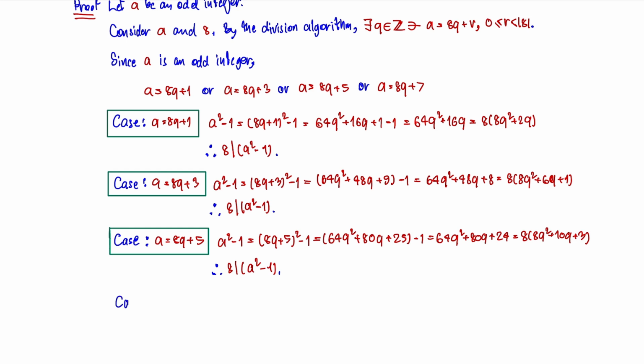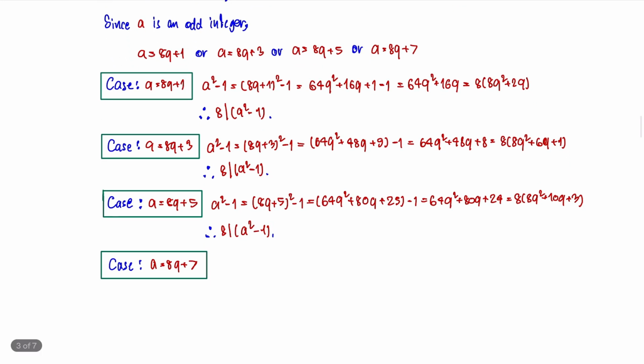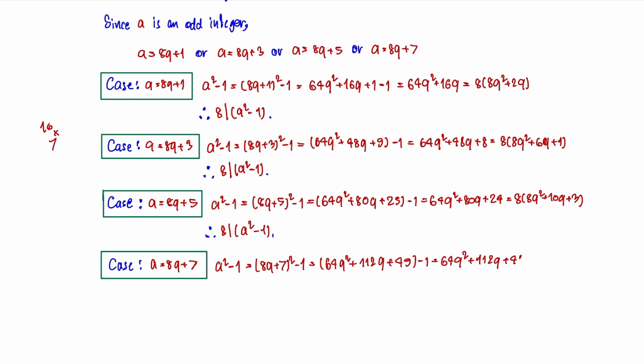And the last case, what is this case? a equals 8q plus 7. So we're going to have a squared minus 1 equal to (8q plus 7) squared minus 1, which is 64q squared plus, give me a second, 16 times 7 is 112q plus 49 minus 1, which is 64q squared plus 112q plus 48.